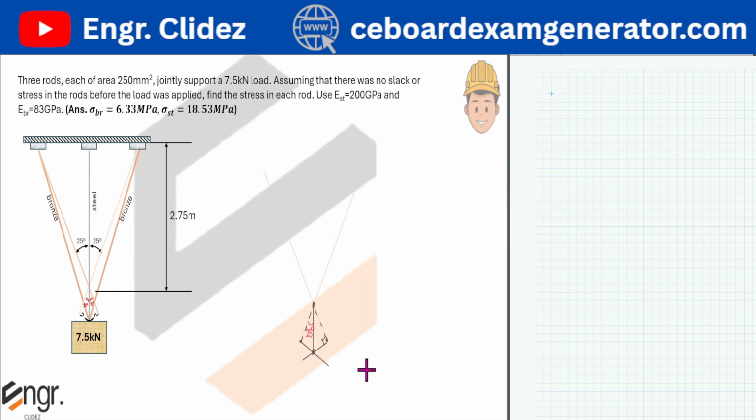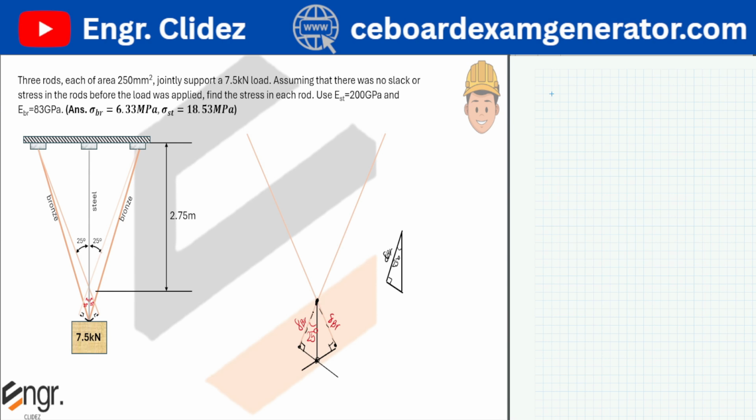Now let's just group and expand this figure. This right here is the deformation of the bronze rod, and it's equal to this one. So forming our right triangle, we have this figure, and this is the deformation of the bronze rod, while the hypotenuse of this triangle is the actual total deformation.